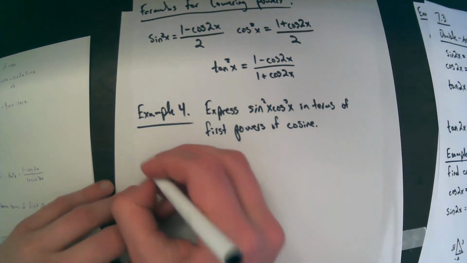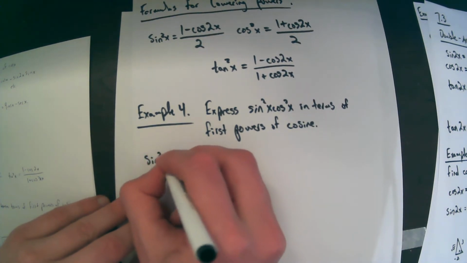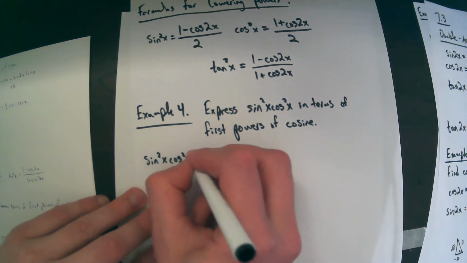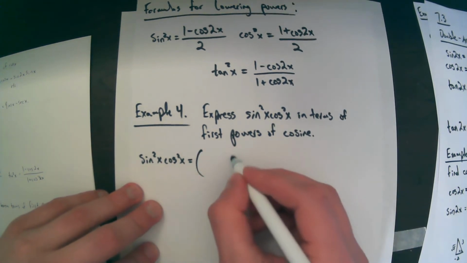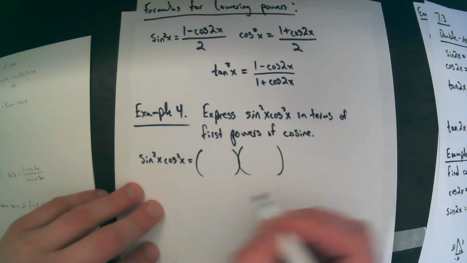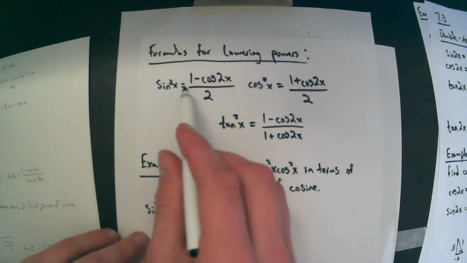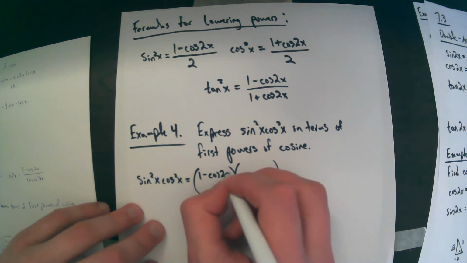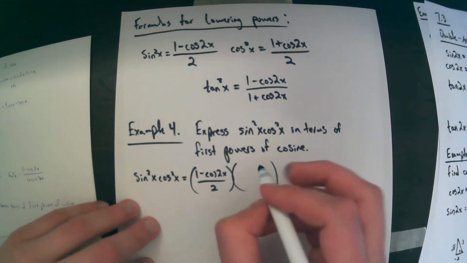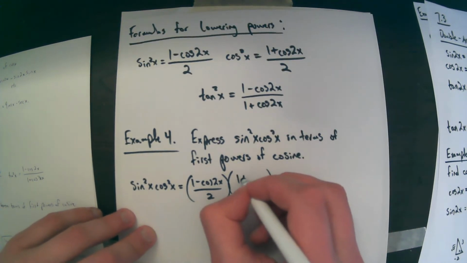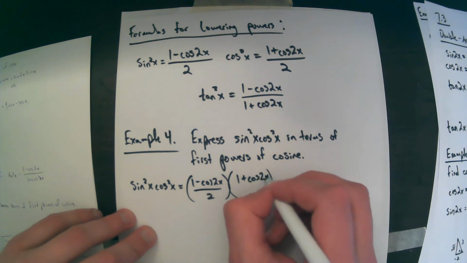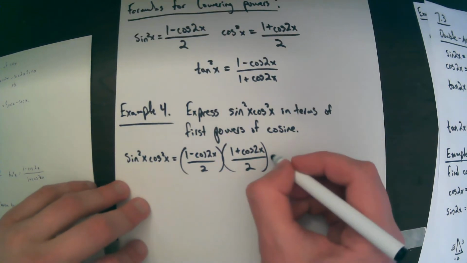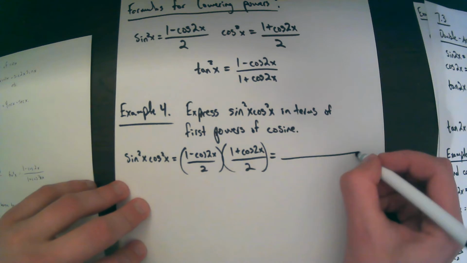Okay, so sine squared x, cosine squared x is equal to, well, sine squared x is 1 minus cosine 2x all over 2, and cosine squared is 1 plus cosine 2x all over 2. So we're going to do some distribution here.